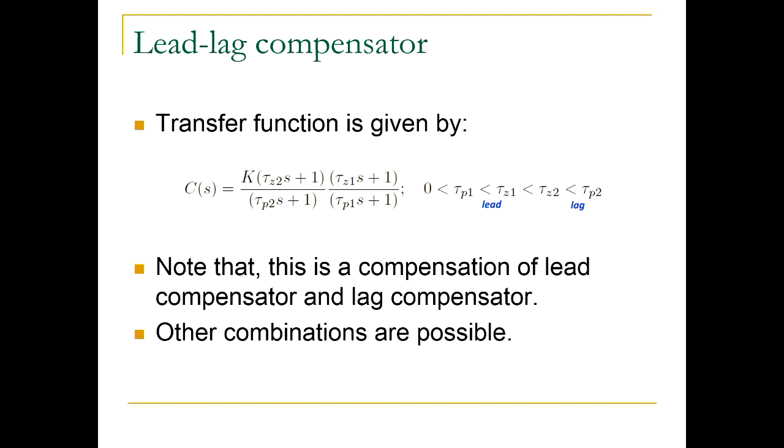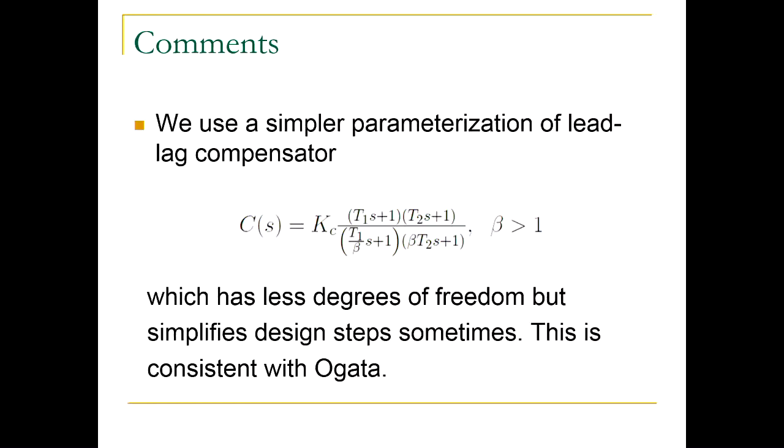Now this is simply restricting a little bit, but then design steps are sometimes more straightforward. So either one of these can be used, and different books use different parameterizations. We will use this one in this lecture. It has fewer degrees of freedom, but it simplifies the design steps in some cases. And this is what Ogata uses.